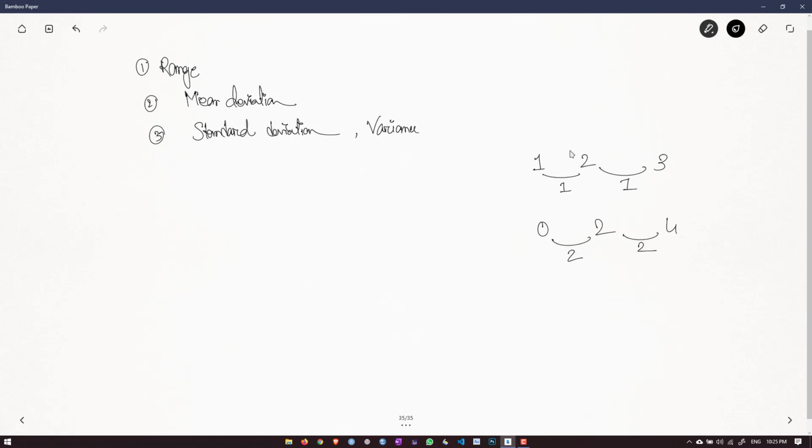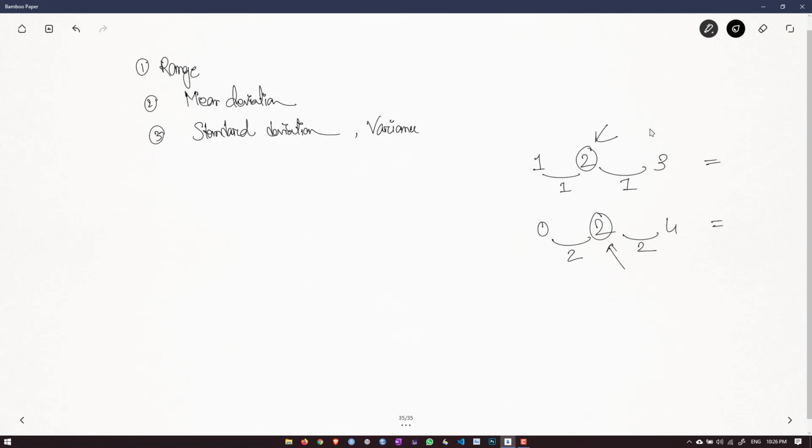Notice that in both sets the median, the middlemost value, will be 2, because the numbers are in a sequence. The median is 2, the median is 2.